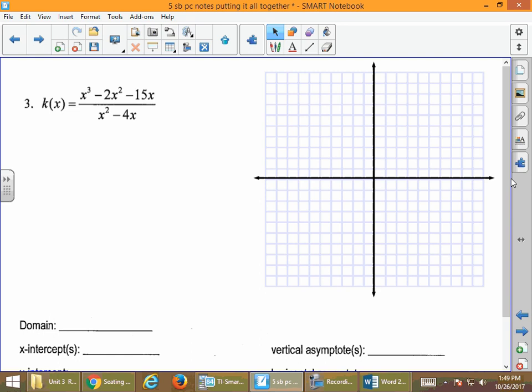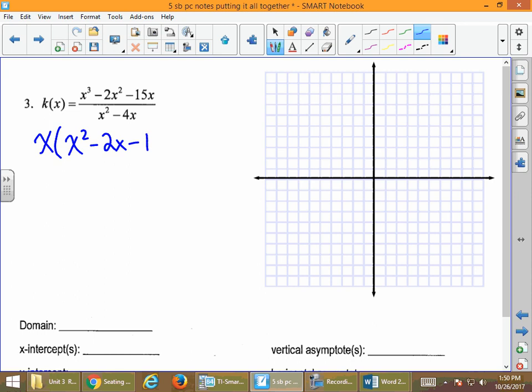Without spending all the time on factoring, we've got a GCF up here in the numerator, and we also have a GCF down here in the denominator. So we can't do any more factoring to the denominator, but we can factor some more in the numerator.